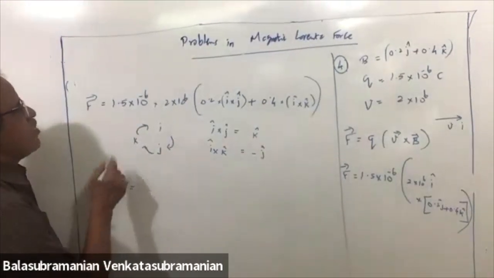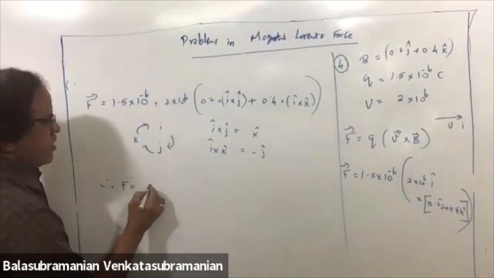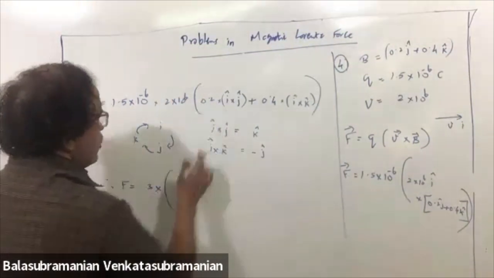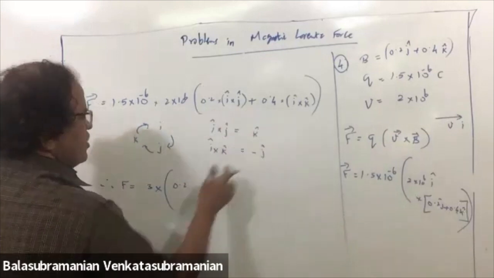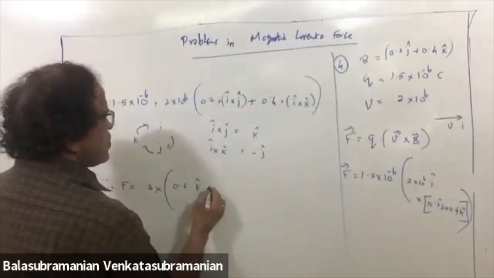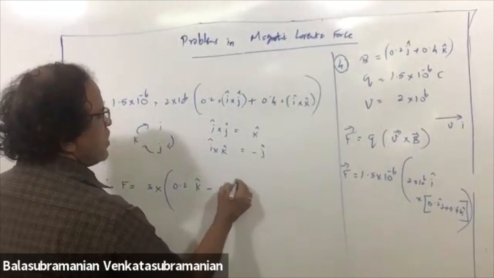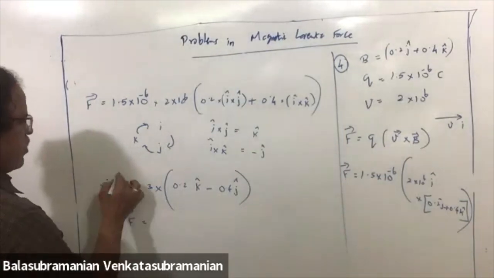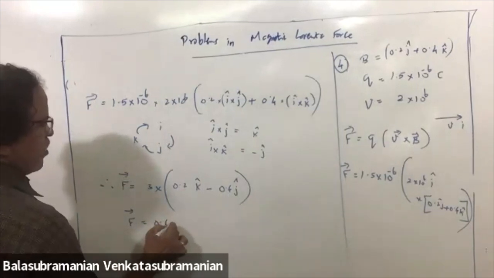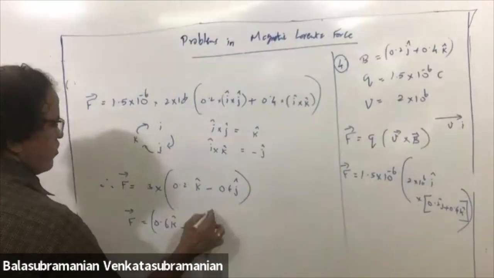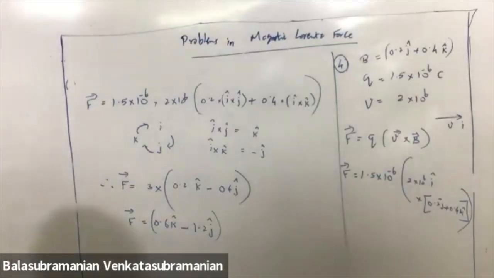Therefore, F is equal to 1.5 into 2, 3, 10 power minus 6, 10 power 6 cancels. 0.2 I cross J is K. I cross K is minus J, minus 0.4 J. So F is equal to 0.6 K minus 1.2 J. Clear?